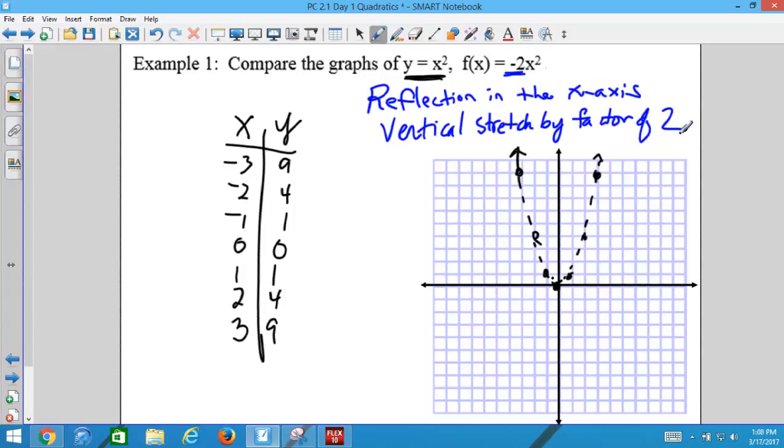It's confusing because you write reflection in the x-axis because that's what we're reflecting over, but it's actually changing the y. And what about the 2? A vertical stretch. Vertical affects which variable? It's the y variable. So both of them are affecting the y. We're going to take all of our y's and just multiply them by negative 2. The first one doesn't even fit on the graph.